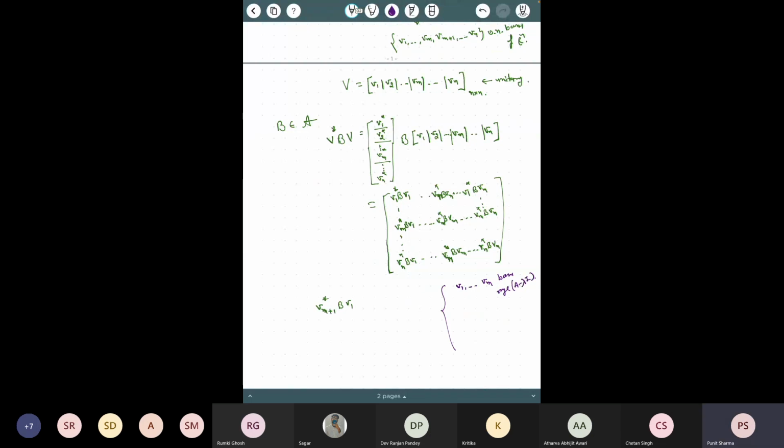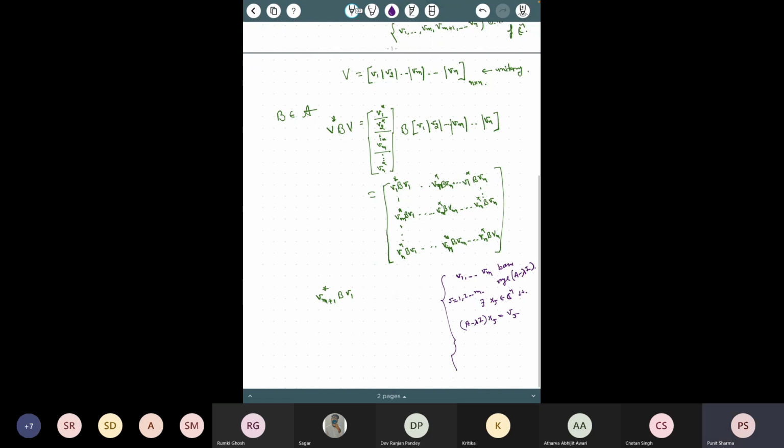So they belong to the range space. That means for every Vj, for every j equal to 1 to m, there exists xj in Cn such that A minus lambda I xj equal to Vj, right? Because they belong to the range space.